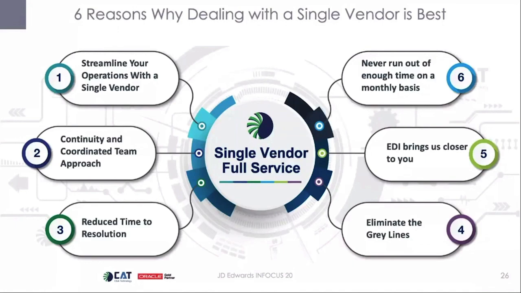We don't do long-term contracts, so you're never going to run out of time on that monthly basis. And because we do a lot of EDI, the process of understanding how to manage EDI services lends itself very heavily to understanding the overall order to cash process and procure to pay process.